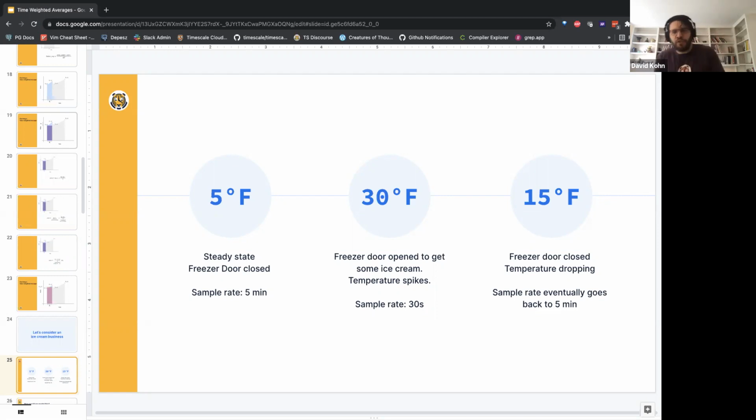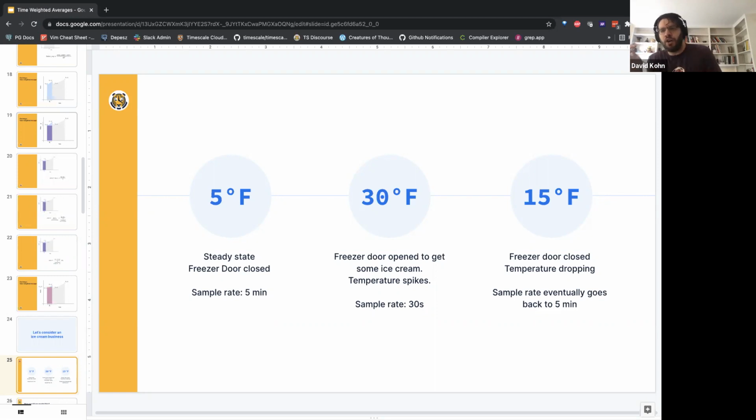So here we are in the ice cream business, and we're going to talk about this sort of variable sample rate based on a trigger in this case. So we start in steady state, we're at 5 degrees Fahrenheit. Someone opens the door, the temperature spikes up to 30 degrees Fahrenheit. And so we start sampling at every 5 minutes when we're at that normal steady state operation. When the door opens, we start sampling at 30 seconds.